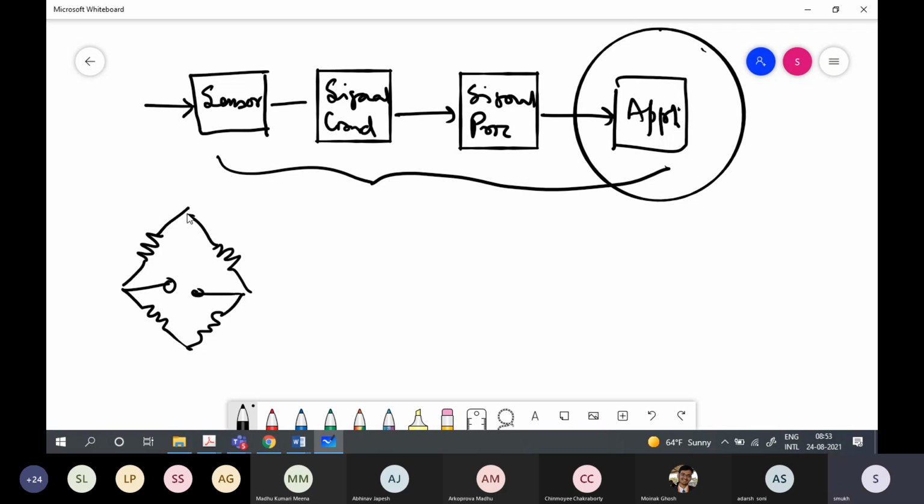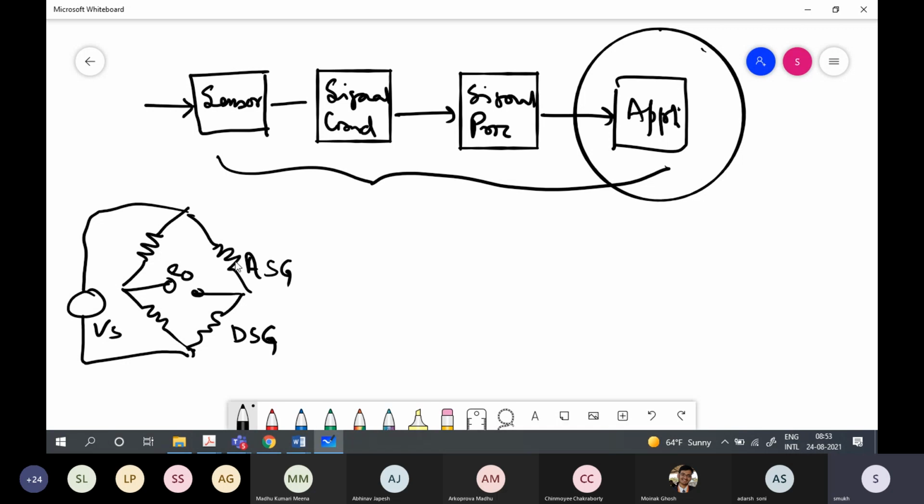I'm just drawing a simple case. This is the bridge, this is V supply, and this is your output E0. And this is the active strain gauge, and this is the dummy strain gauge.